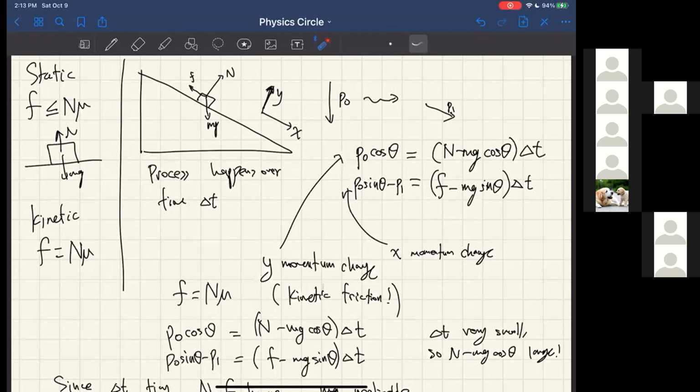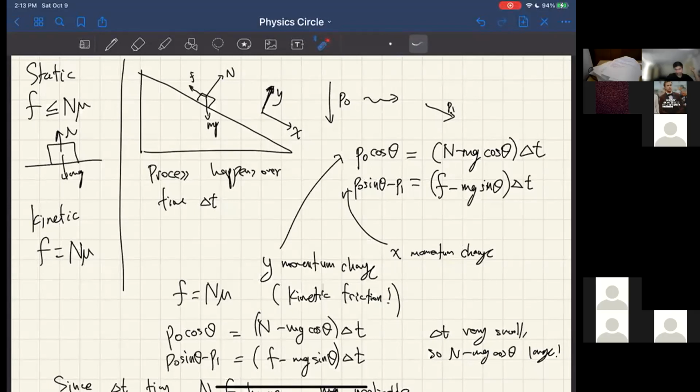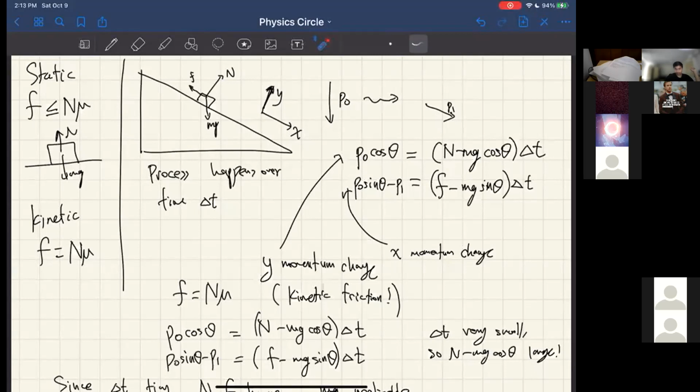Any questions about this one? So just if you didn't understand the last few steps, then just look at the recording and try to see again.